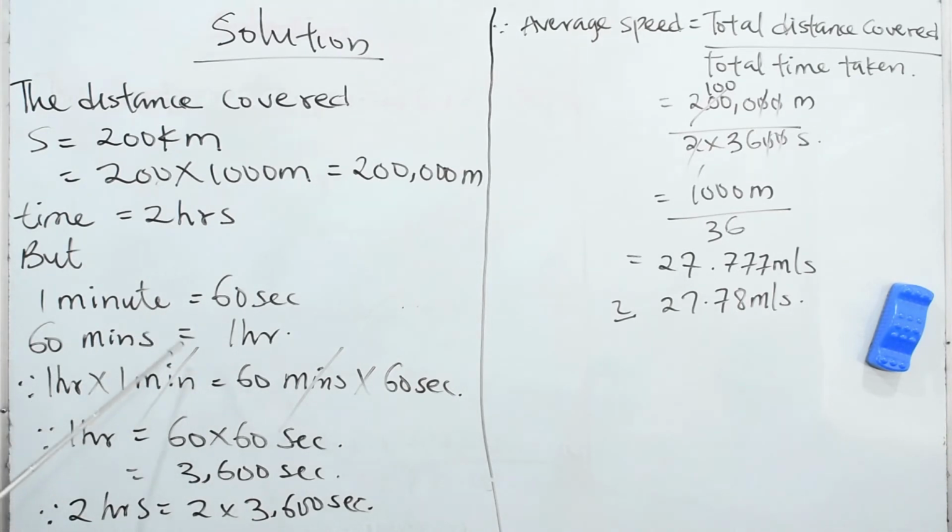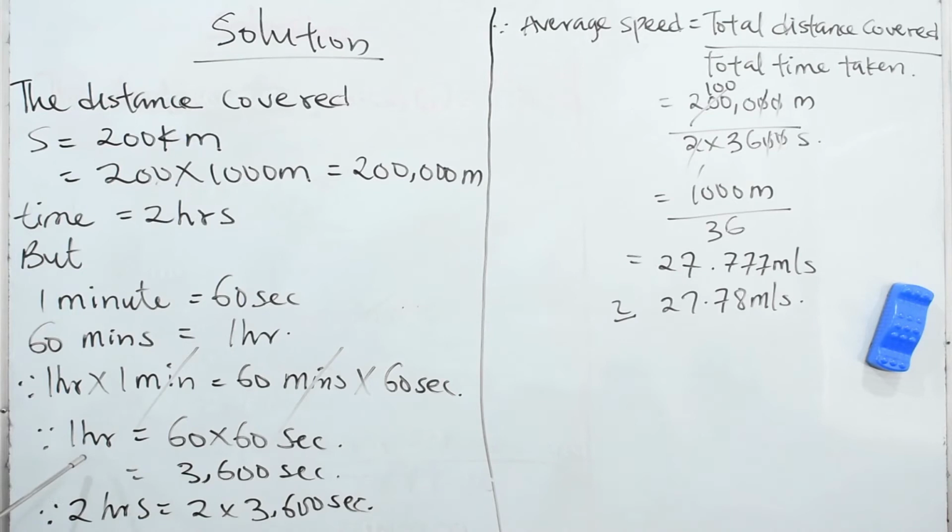Now if you now cross multiply here, we'll have 1 hour times 1 minute is equal to 60 minutes times 60 seconds. So minutes will cancel out minutes. We now have 1 hour times 1, that is 1 hour, equal to 60 times 60 seconds. That is what we have here. And the value will now be in seconds. So it will now give you 3,600 seconds.